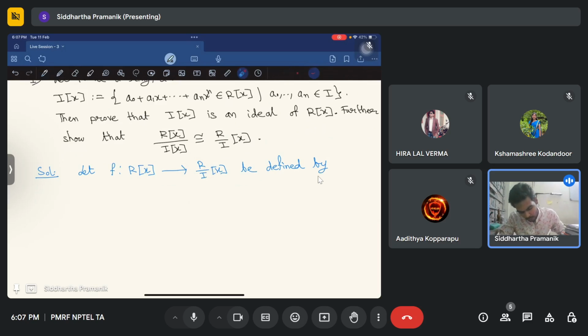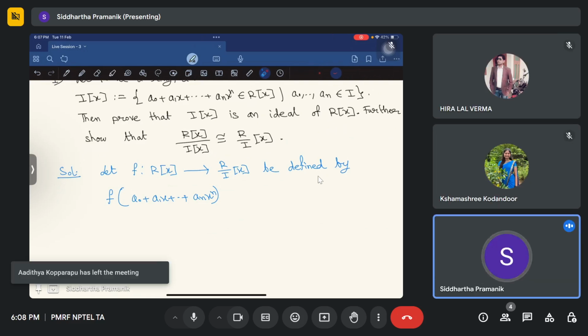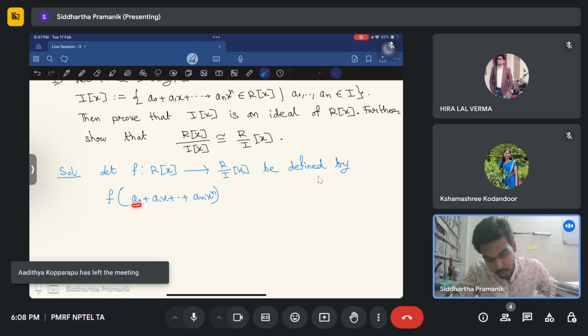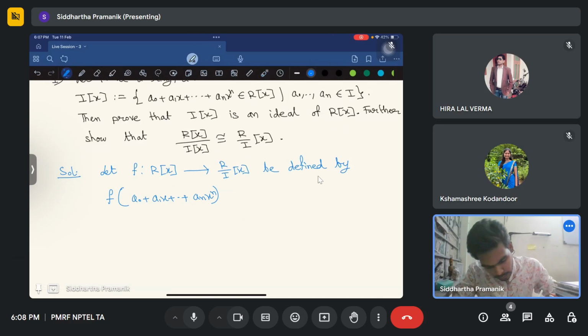So how to define a function from R[x] to (R mod I)[x]? Define f of a0 plus a1 x plus ... plus an x^n. You just take the coset represented by these coefficients. So you take (a0 + I) plus (a1 + I) x plus ... plus (an + I) x^n.